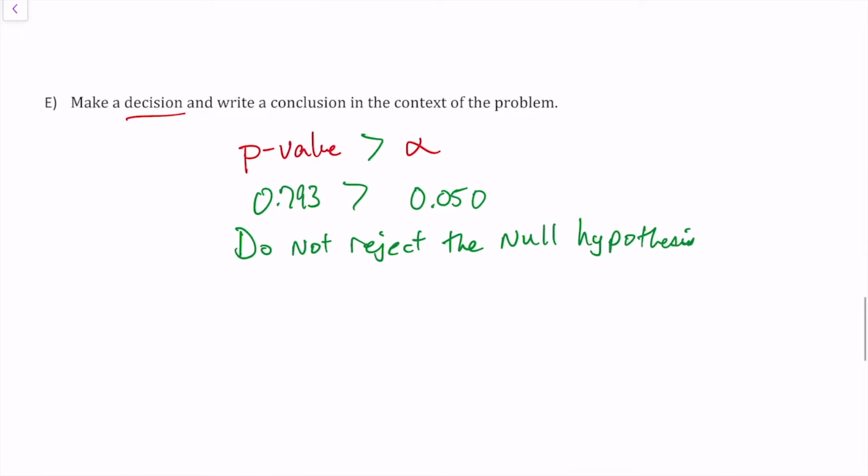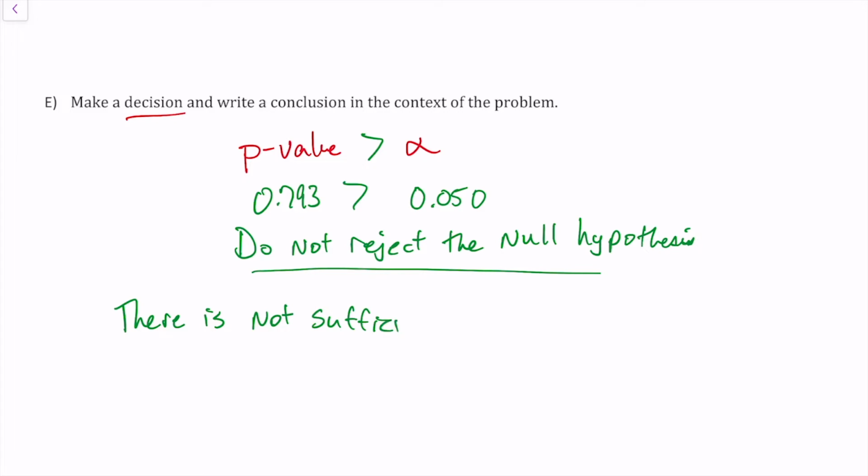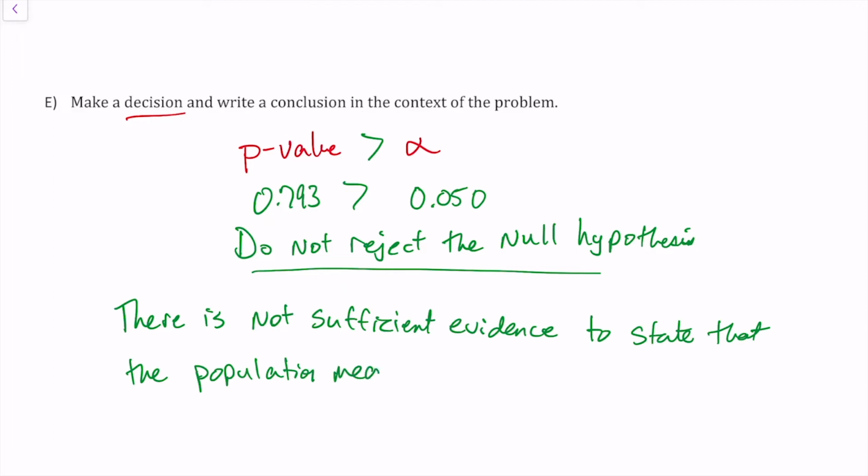So what does that mean in the context of this problem? This means that anytime we do not reject the null hypothesis, that means that there's not enough evidence, or there's not sufficient evidence. So there is not sufficient evidence to state that the population mean gain in house values is, and then let's go and check.